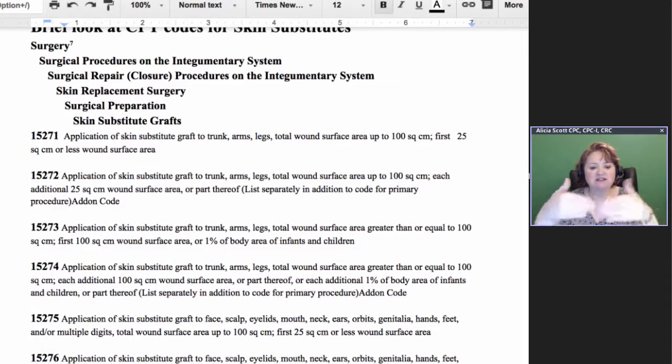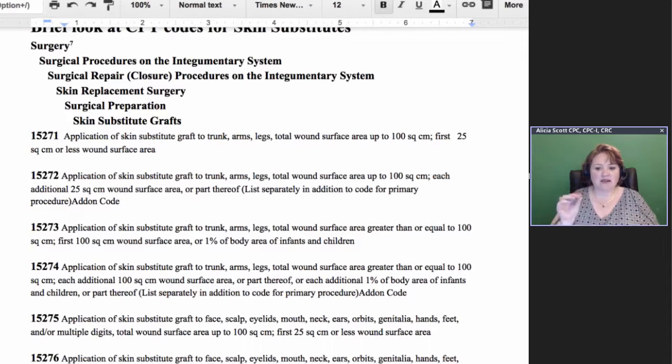And then as the codes change from 7.1 to 7.2 and so on, the size changes, but you'll notice that on 7.1 through 7.4, we're still doing trunk, arms, and legs.